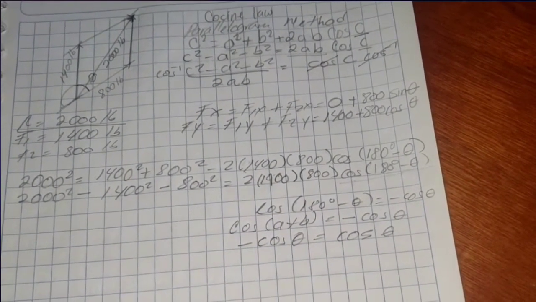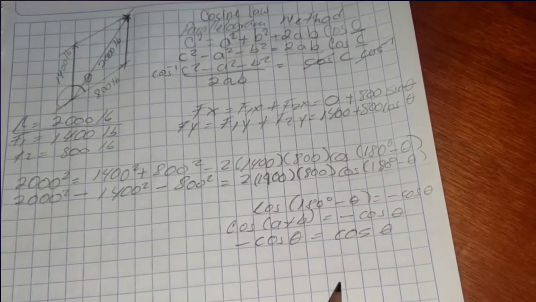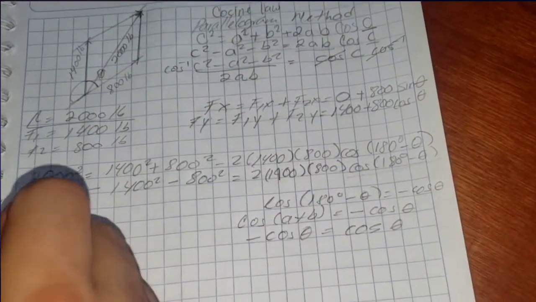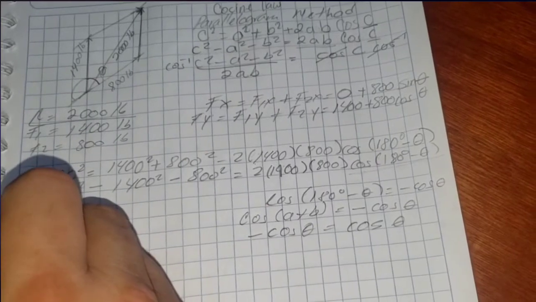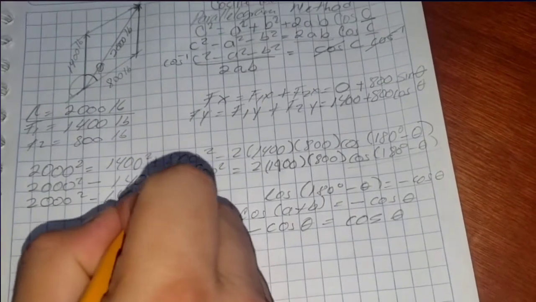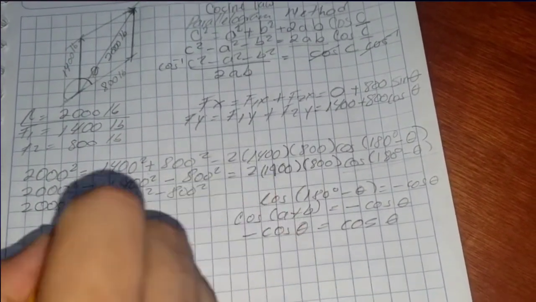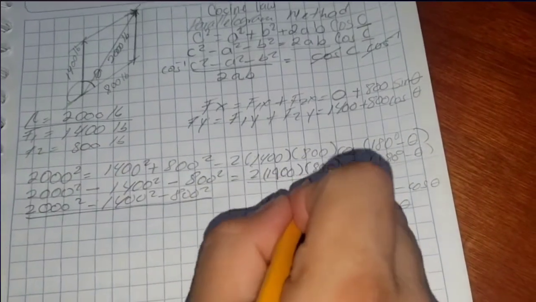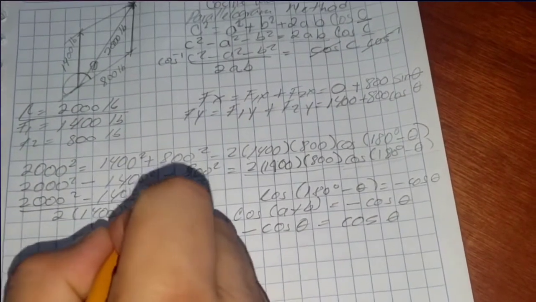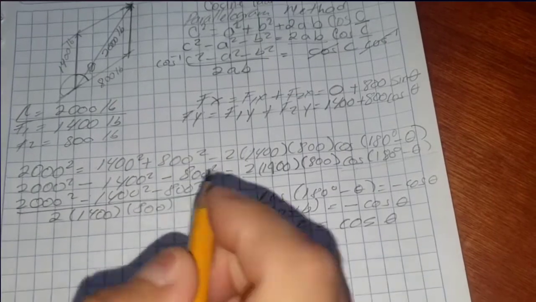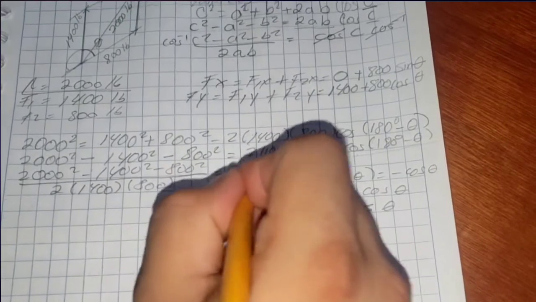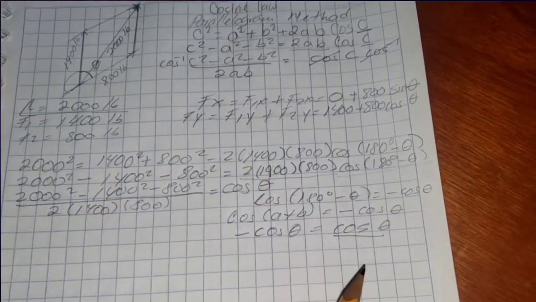Now we can clear this expression, and we have the resultant squared minus the force 1 squared minus the force 2 squared, between 2 times 1400 times 800, is equal to cosine of theta.